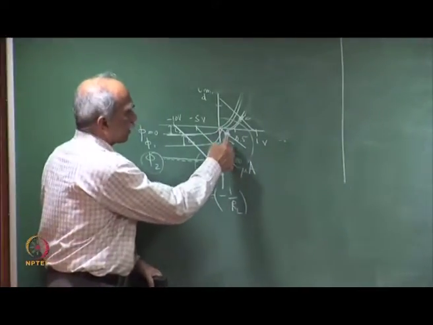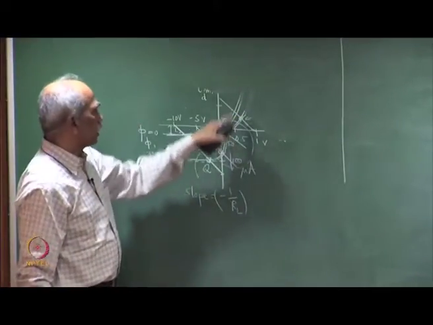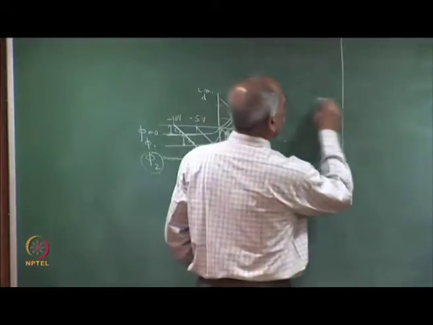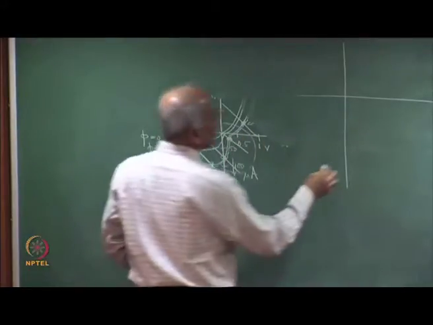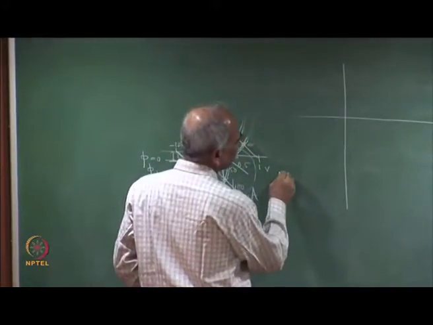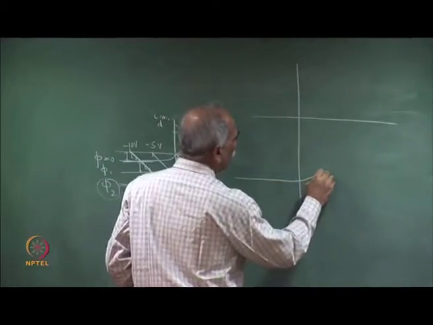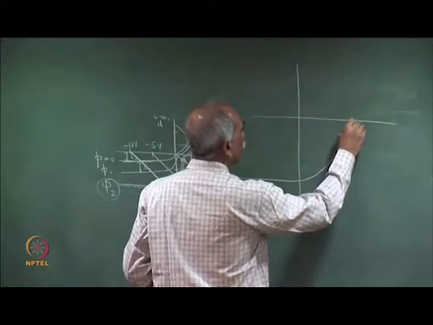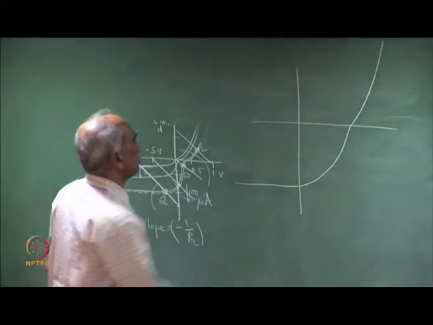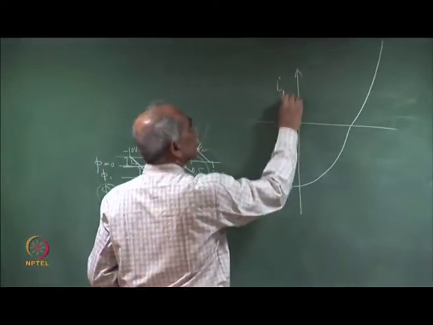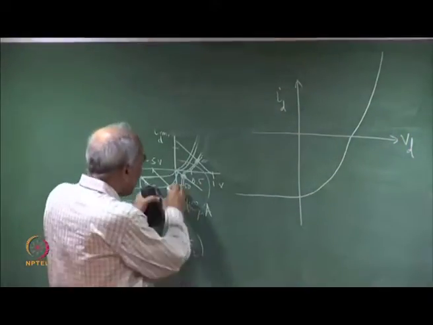So, this will be the characteristic, and I am interested in the fourth quadrant here. It is a zoomed quadrant. So, here is the same I D and this is V d.